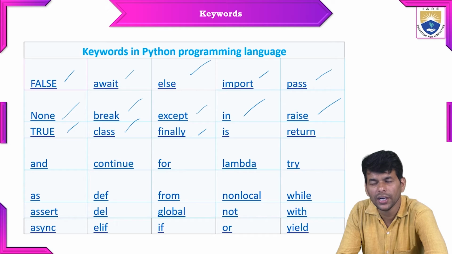So in total we have about 33 keywords in Python.